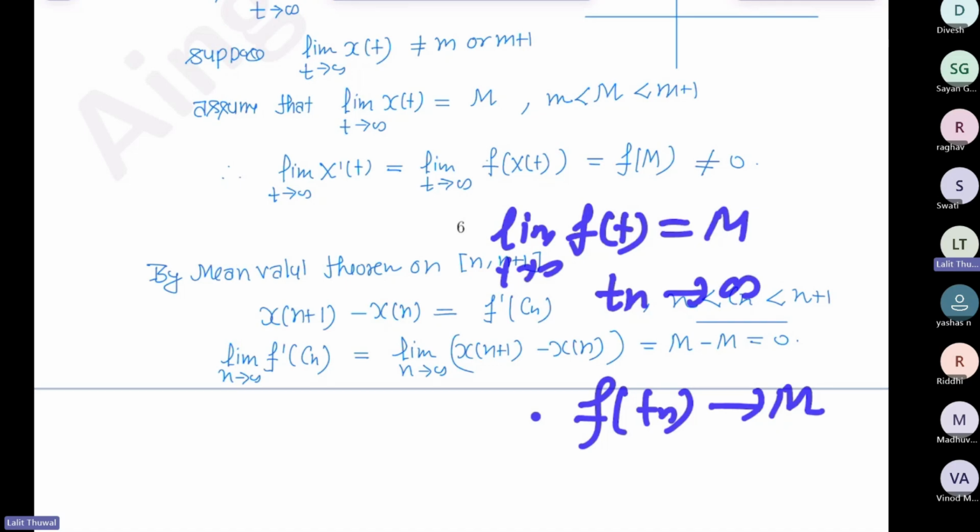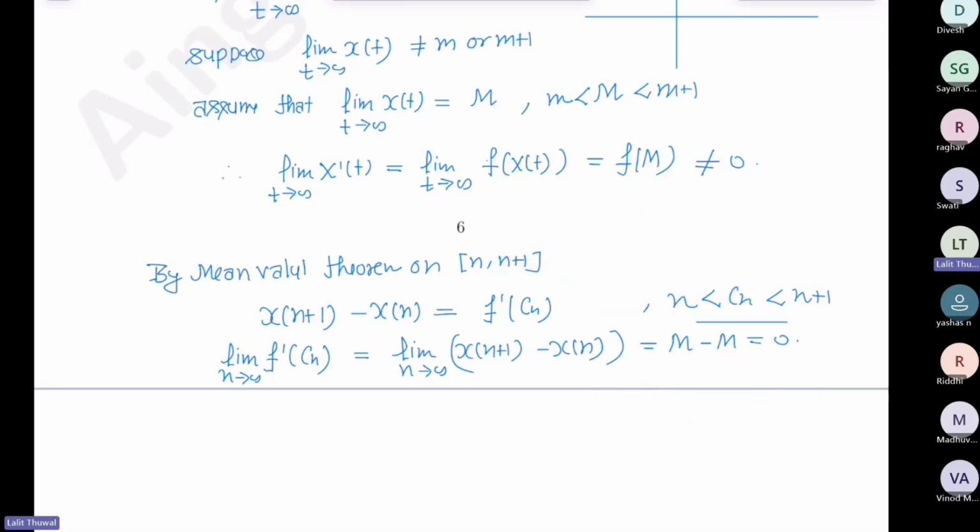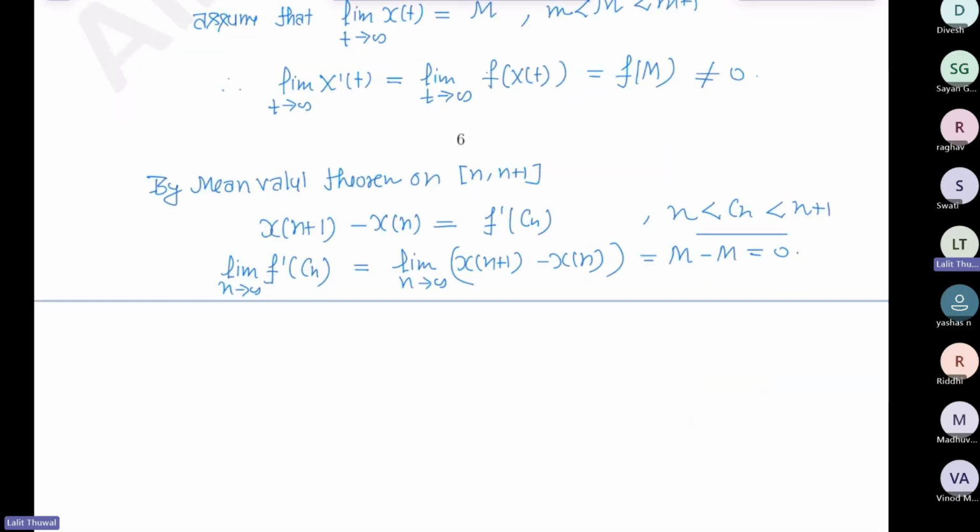Yes or no? Sir, it is f of c, it is not f dash of c. Because for each n, there is a Cn in between, so C will depend on n.